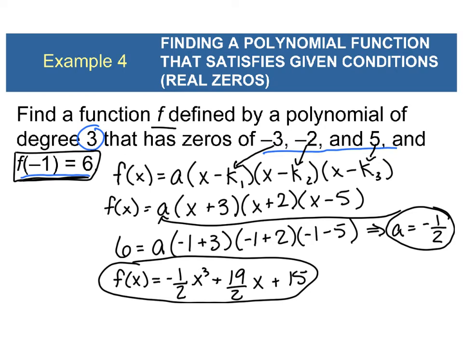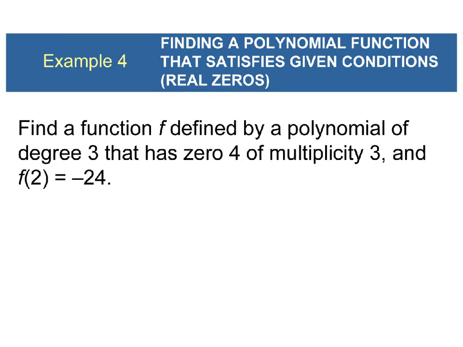Okay, now I'm going to show you another one. It says, find a function f defined by a polynomial of degree 3 that has zeros 4 of multiplicity 3 and f of 2 equals negative 24. Well, multiplicity means that whenever it says I have a zero of some number with a multiplicity, it gives you another number, that means I have the factor of 4, or the zero of 4, 3 times.